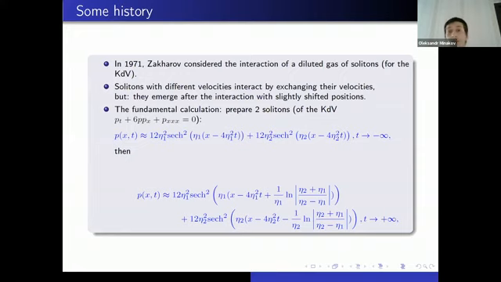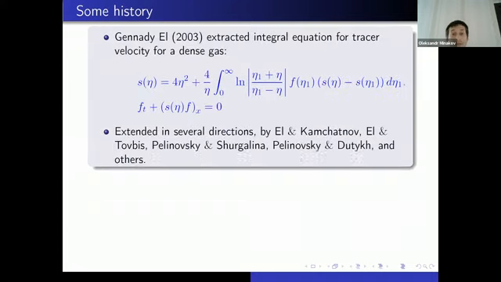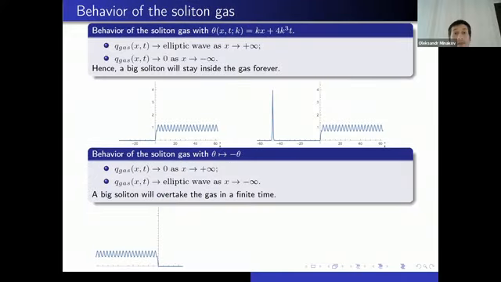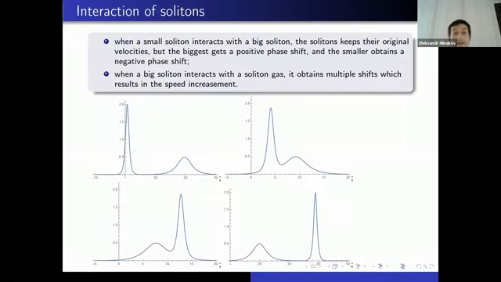The key observation for this is that if we have just two solitons, then when they interact, they exchange their phases. So if we have one big soliton and one small soliton, first we have the big soliton, then it overtakes the small one, and in the end they look similar as before, but in reality they get some shift.